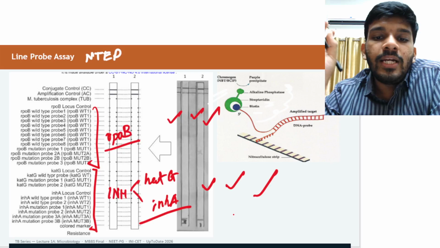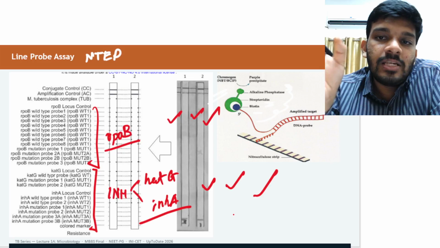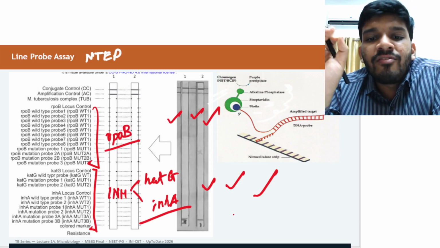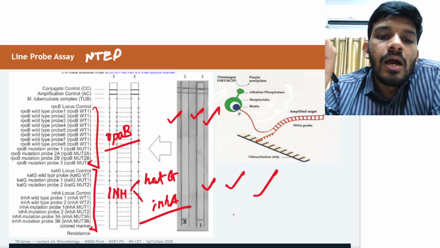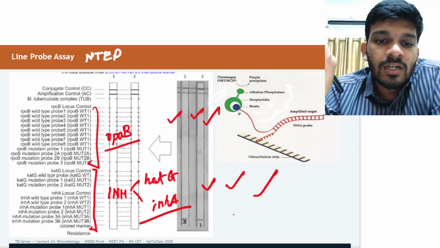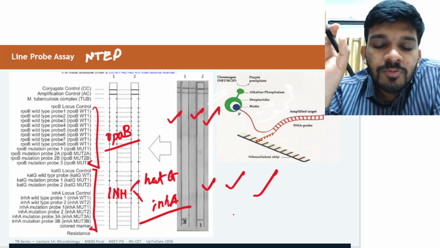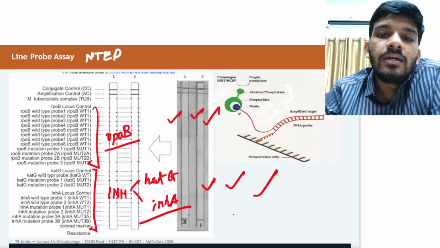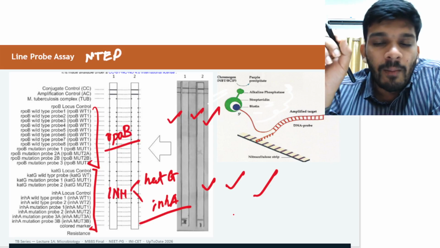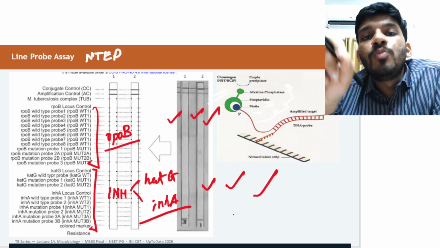Since January 2018, universal DST is recommended in the RNTCP and NTP programs. At least rifampicin resistance is screened for all TB patients. Line probe assay is a strip-based method, and you can do it from a smear positive patient. You can get a result within 5 to 6 hours. It detects the Mycobacterium tuberculosis complex, so it tells you that even if it was acid fast, it is not a non-tuberculous mycobacterium.